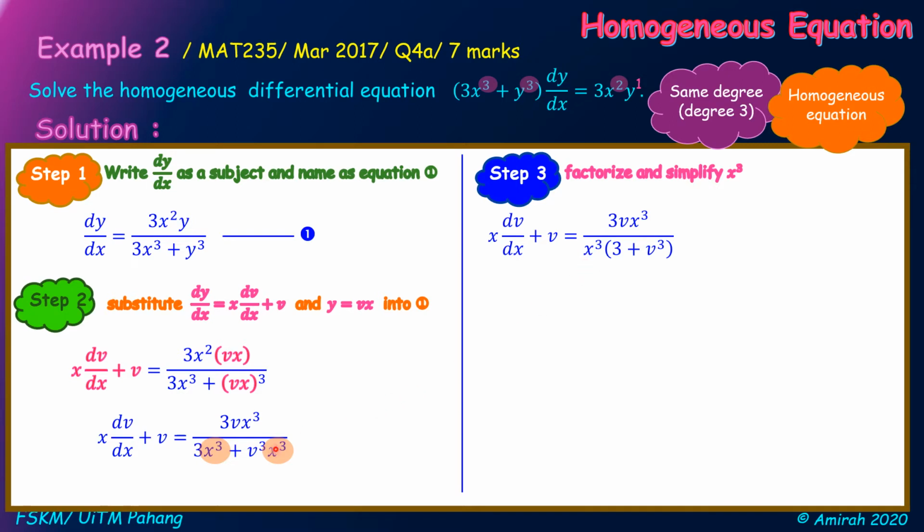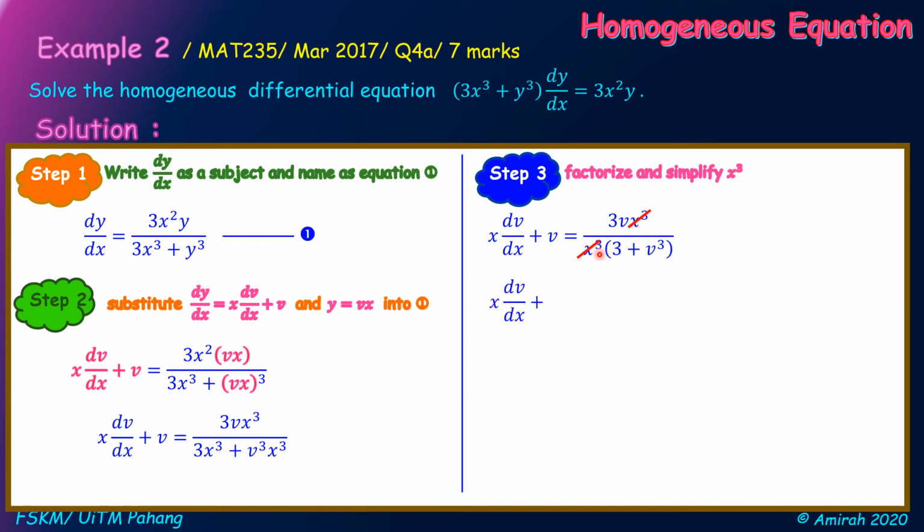On the left hand side we have x dv/dx plus v, and then 3vx cubed. From the denominator we factorize x cubed, so we have x cubed times (3 plus v cubed). After that we simplify x cubed from the numerator and denominator. After we simplify, we have x dv/dx plus v equals 3v over 3 plus v cubed. From here we can solve as a separable equation.